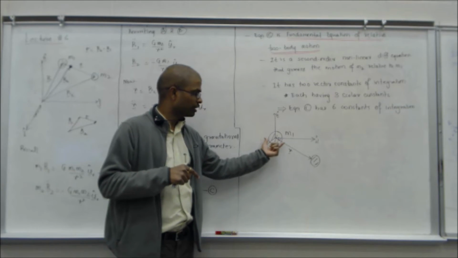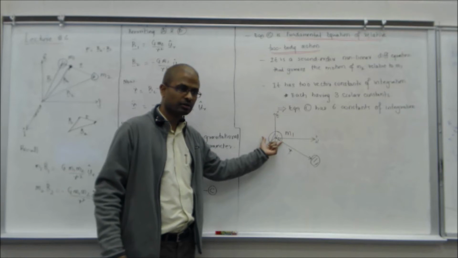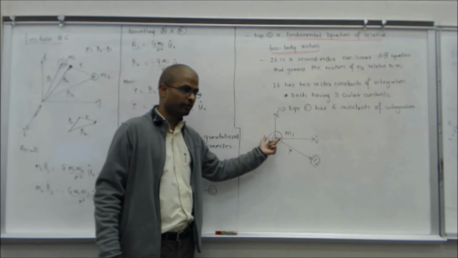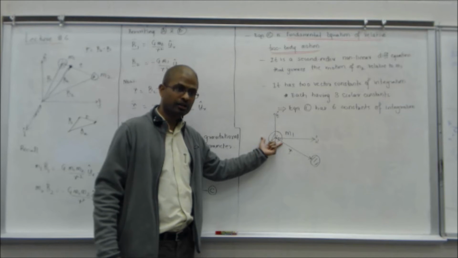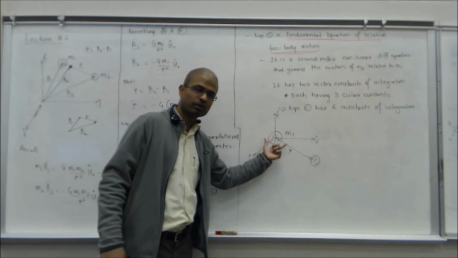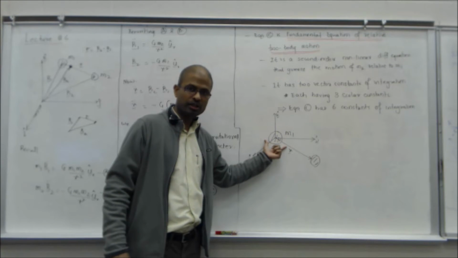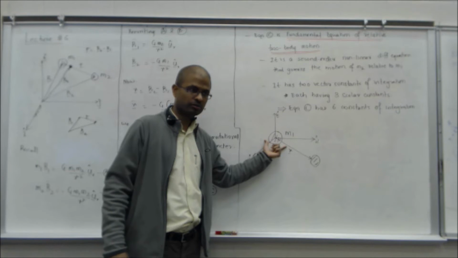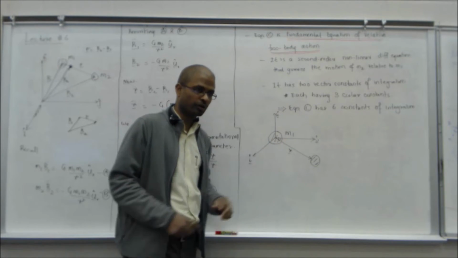And we have already proved that the center moves with a constant velocity. It's a non-accelerating point, or an inertial point. If we attach a reference frame to that, that reference frame will be an inertial reference frame. And the motion of anything with respect to that can be studied or analyzed using Newton's laws of motion. Okay, and that is what we are doing.